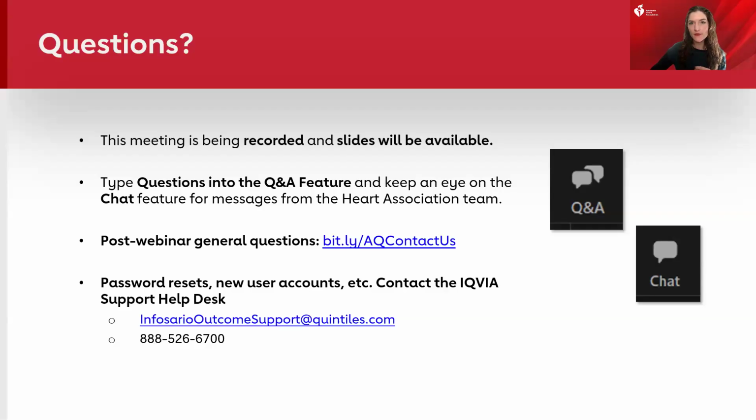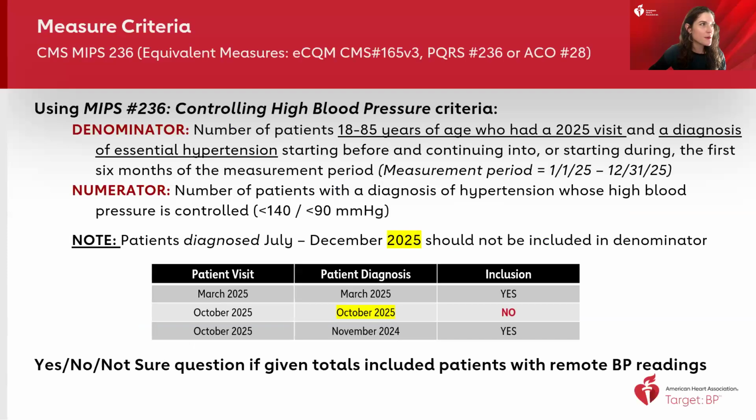but there is a little bit of nuance in the blood pressure measure, as you mentioned earlier, Allison. I'll pop up the slide that we discussed this on. Because this is looking at patients who were diagnosed with hypertension starting before or continuing into or starting during the first 6 months of the measurement period, this is where it can get a little bit tricky.